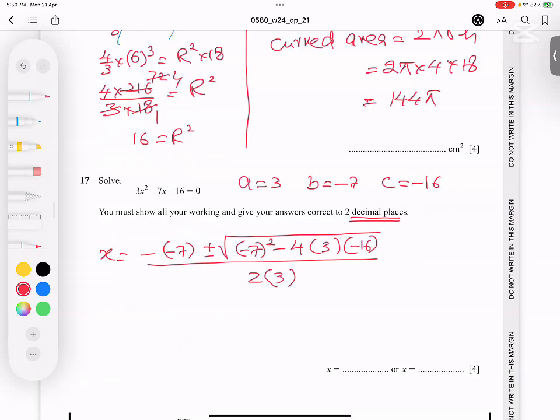This is a 3, okay? And now because it's a calculator version, I'll do this with the calculator. Here I'm going to get 6 in the denominator. Inside I got 49 plus 4 into 3 into 16. One minute please, let me check again. I'm getting here root of 241.